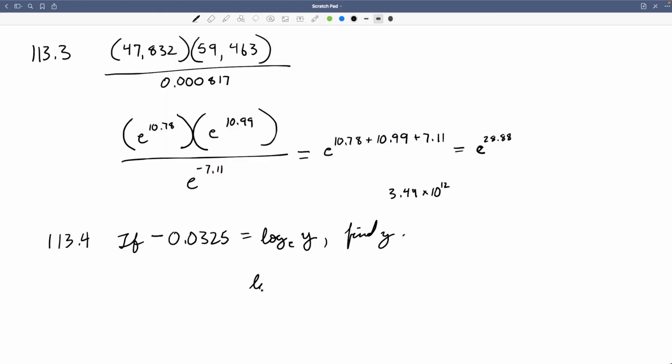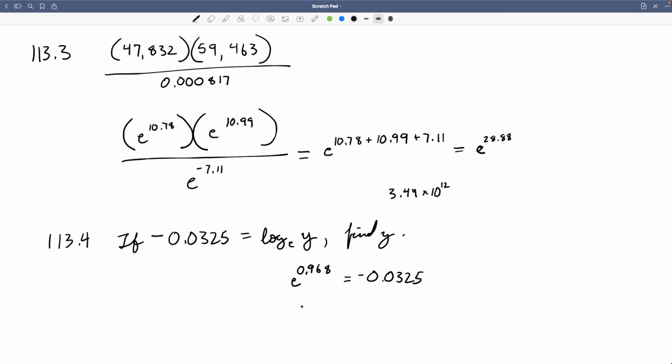So the log e of 0.968 is equal to negative 0.0325. And that is how we would write that. Or actually, I take that back. We would write it like this.